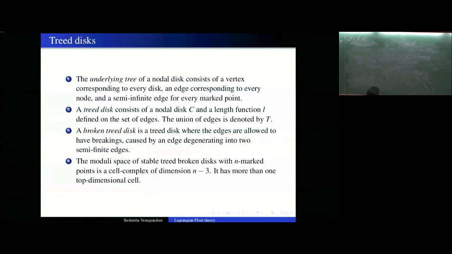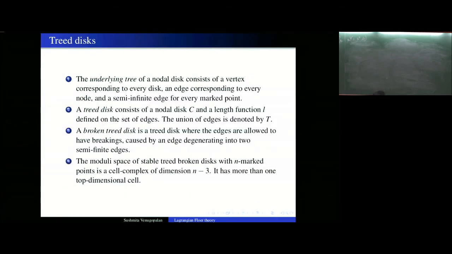Okay, and finally, note that the moduli space of tree broken disks is a cell complex of dimension n-3. So n-3 was also the dimension of nodal disks.